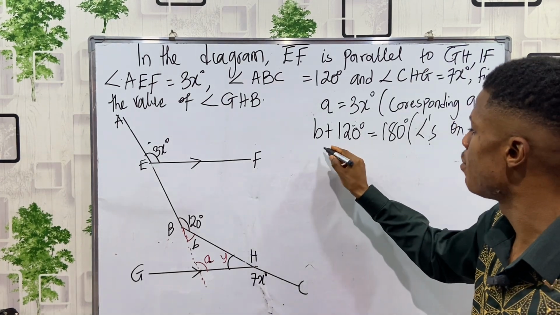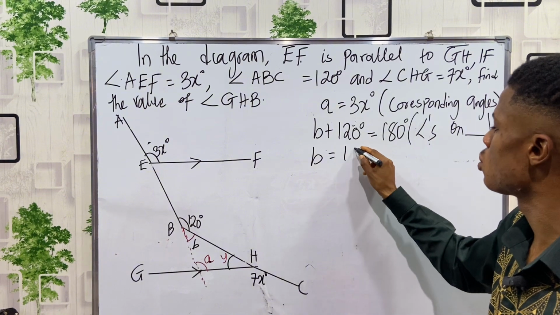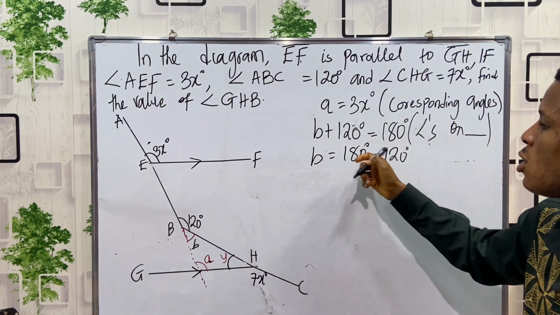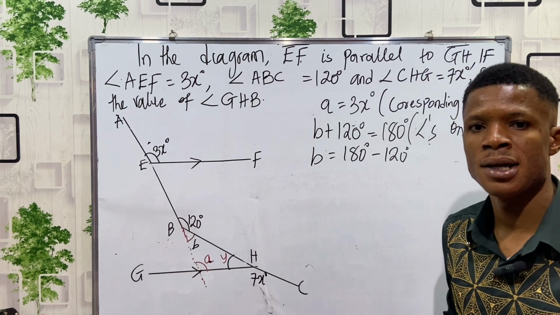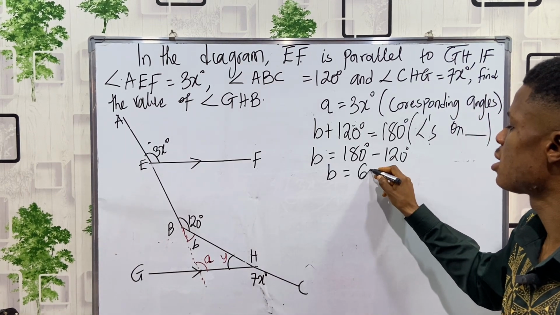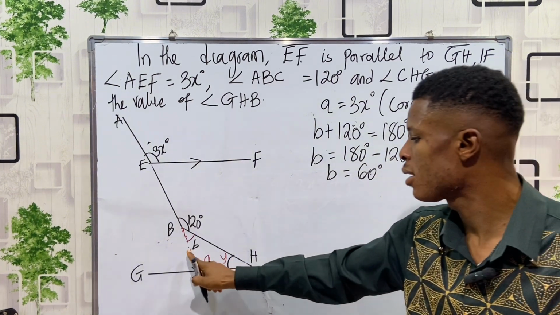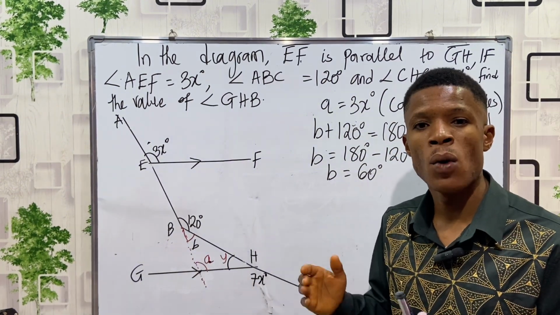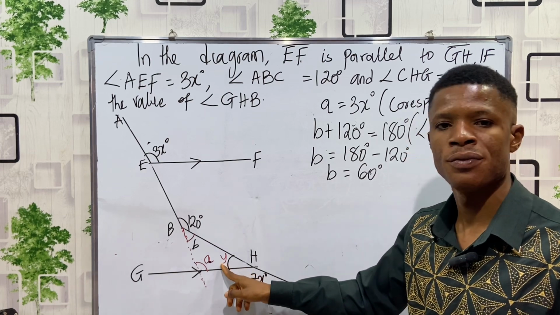So B will be equal to 180 degrees minus 120 degrees, subtracting 120 from both sides. This gives you that B is equal to 60 degrees. So the angle here is 60 degrees.